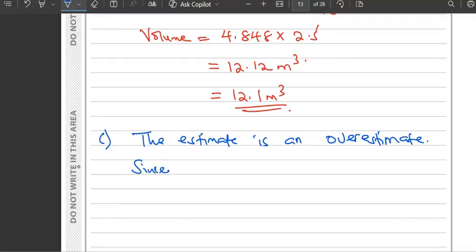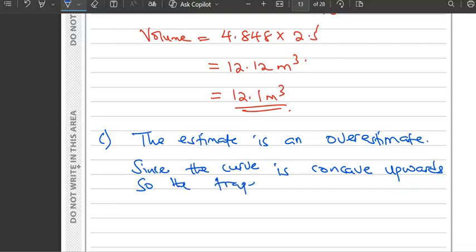Since the curve is concave upwards, so the trapeziums lie above the curve.